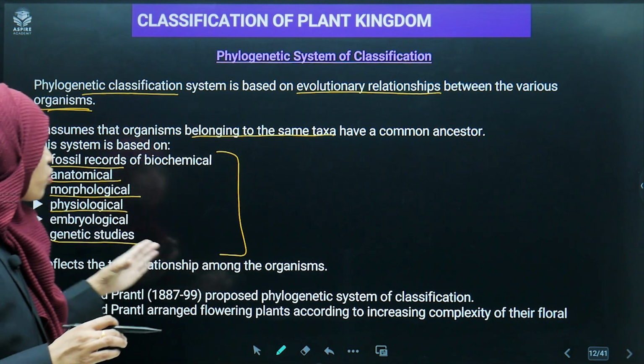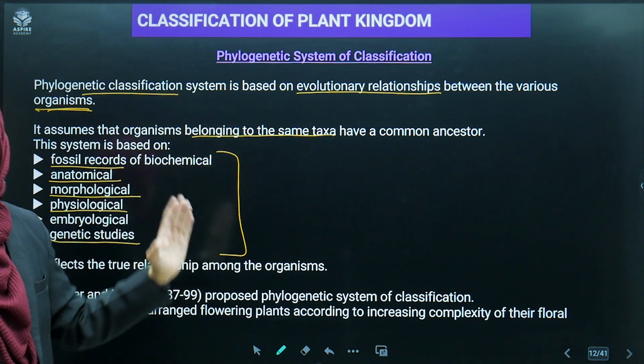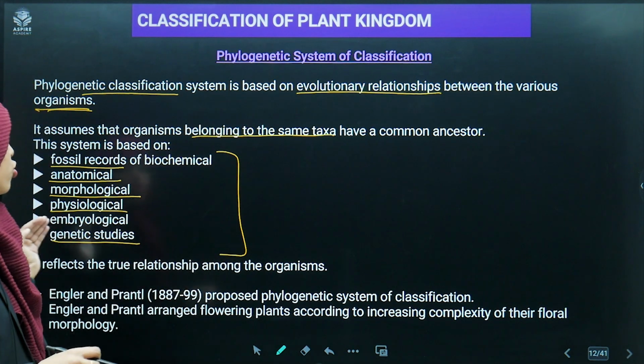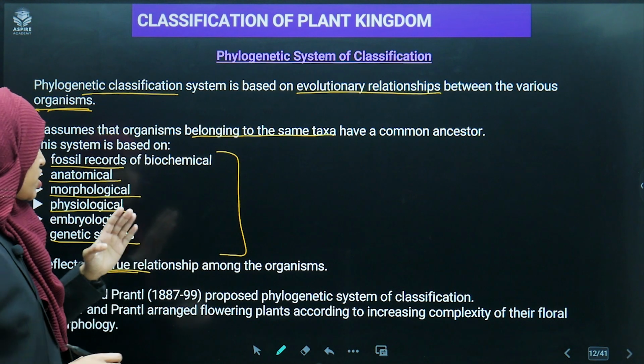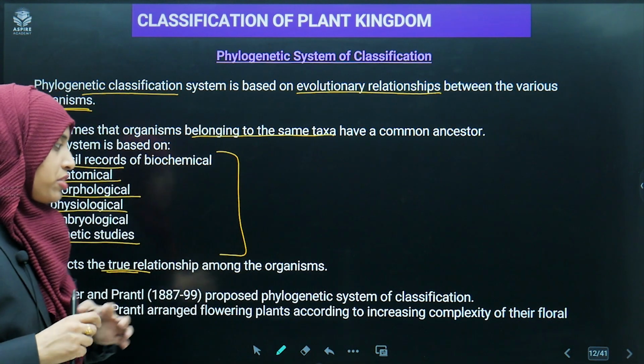It reflects the true relationship among the organisms. Since ये evolutionary history को बताता है, evolutionary relation between the organisms को बताता है, so we can say it reflects the true relationship between the organisms.